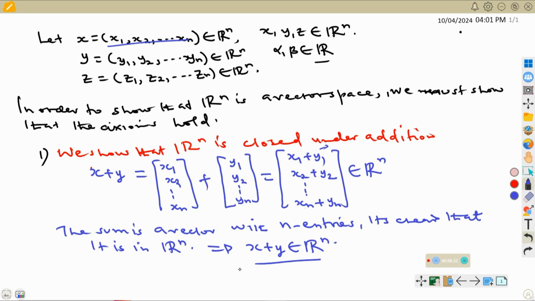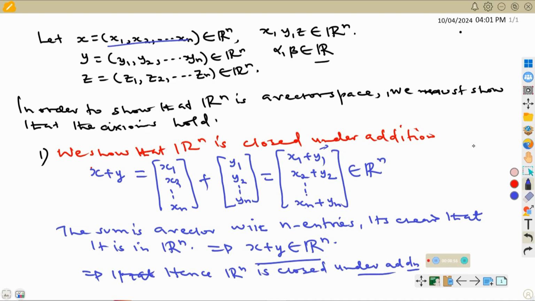So when you get this, this will imply that R to power n is closed under addition. So this will be the proof for axiom number 1.